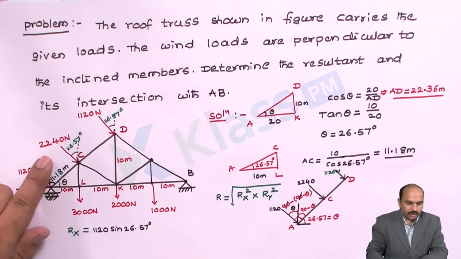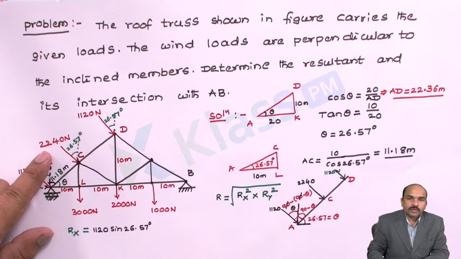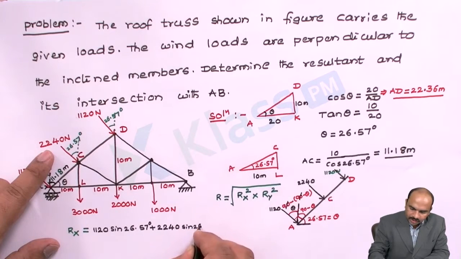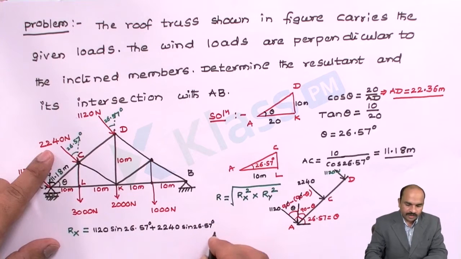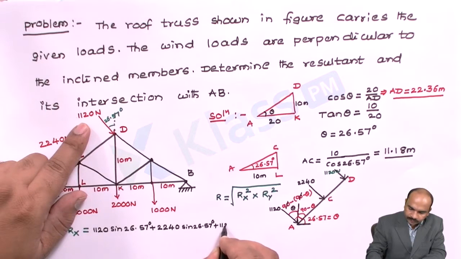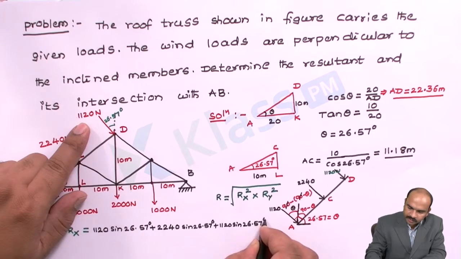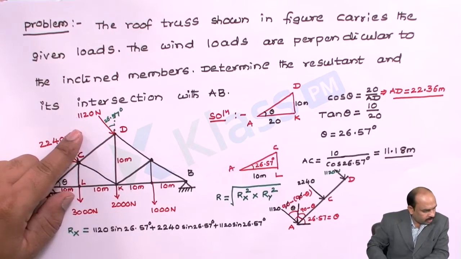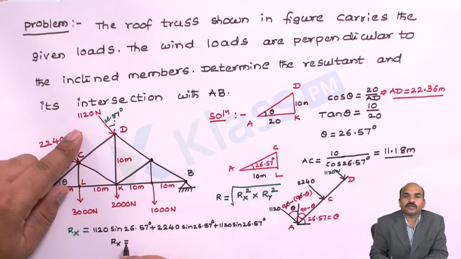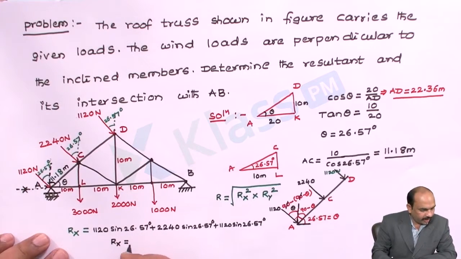Now the other force, 2240, is plus 2240 sine 26.57 degrees. Then the other force, 1120 sine 26.57 degrees.